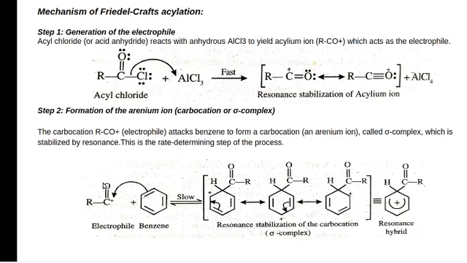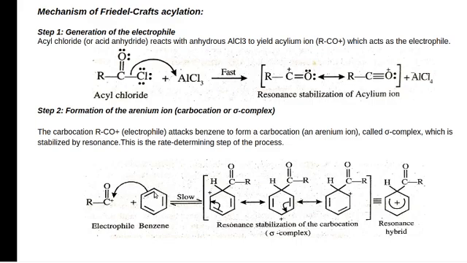So in the second step, the electrophile attacks the benzene ring. RCO+ is the electrophile which attacks the benzene ring and produces a sigma complex, or carbocation, or arenium ion. That means when the electrophile attacks the benzene ring, this electron pair will shift to this carbon. So this carbon will get a positive charge and this carbon will get a negative charge.